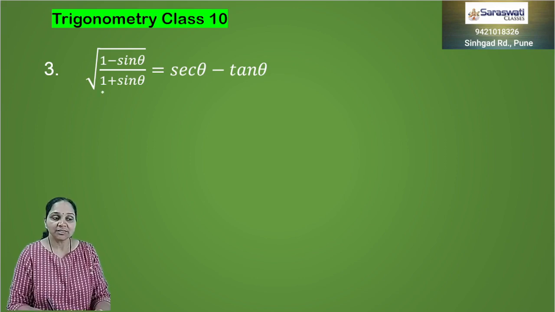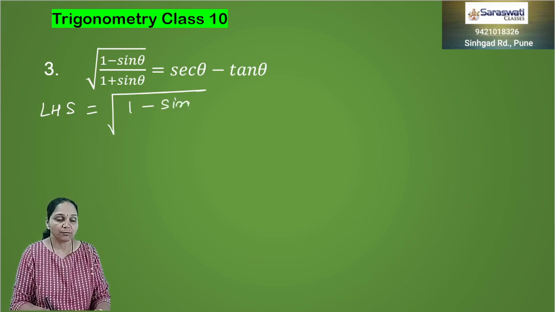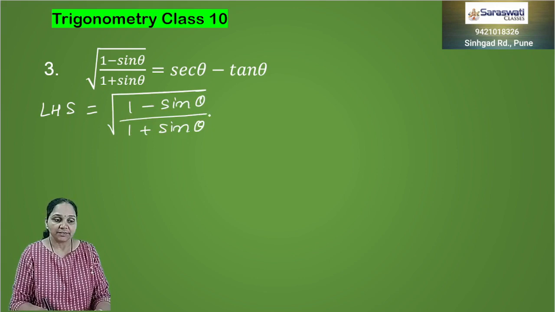Under root 1 minus sin theta upon 1 plus sin theta is equal to sec theta minus tan theta. Again consider LHS, 1 minus sin theta upon 1 plus sin theta.